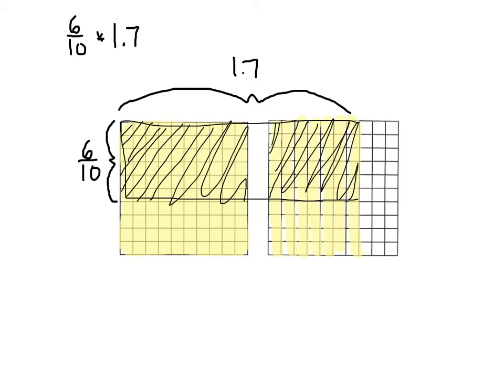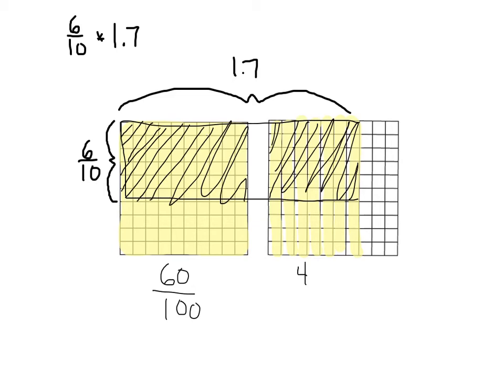Now each one of these squares is a hundredth, because there's 100 of them in a whole. So I have 6 rows of 10 over here. So this is going to be 60 hundredths. And then over here I have 6 rows of 7, which is 42.